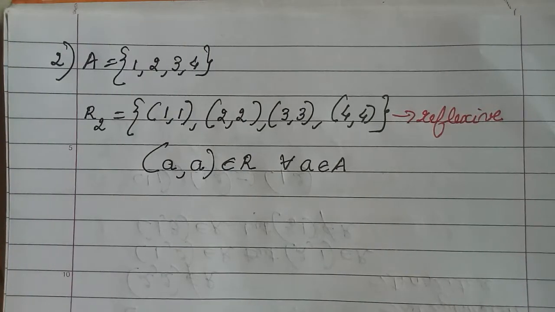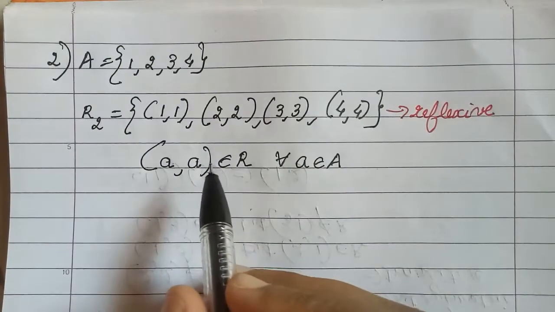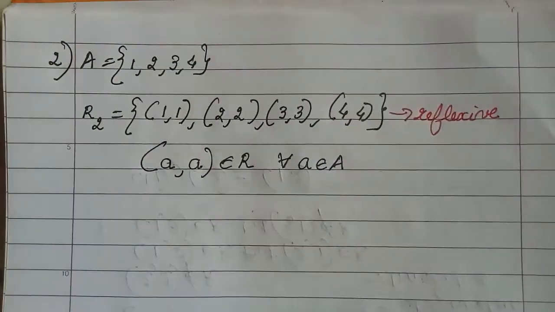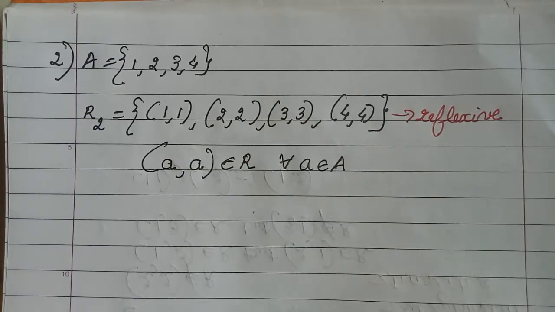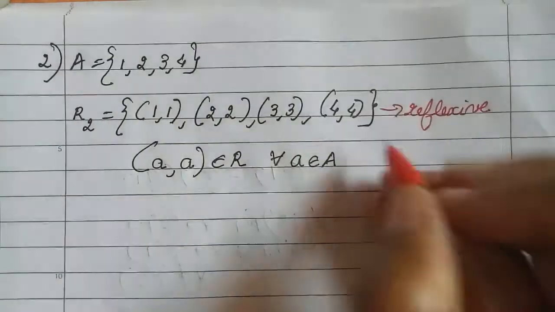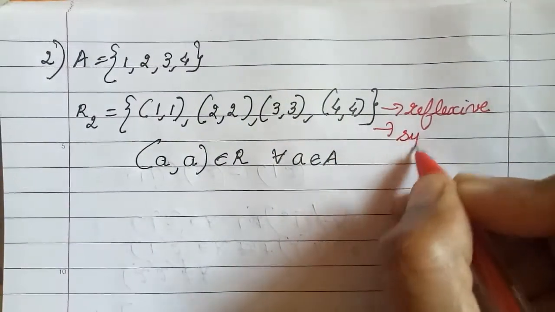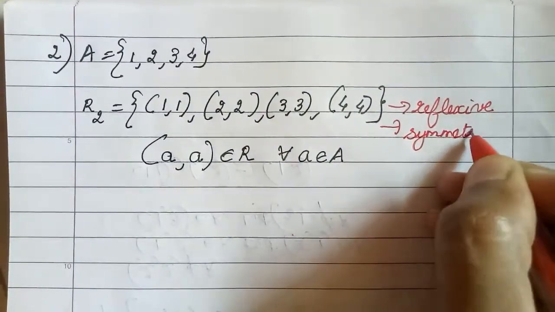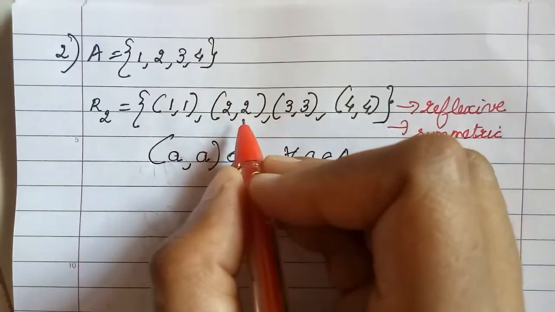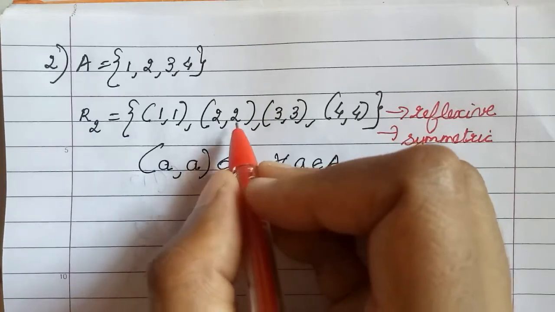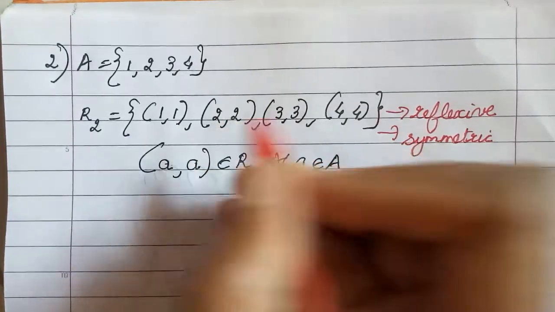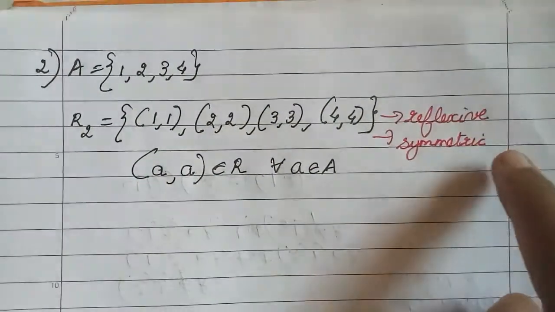Even though the definition says (a, b), because of the peculiarity of the set, if I reverse it I get the same thing (b, a). So again you can see that this set is symmetric also, because both are the same. Elements of type (a, b) with a different from b are not there, and if they were, changing the order would still give the same. So it is reflexive, it is symmetric.